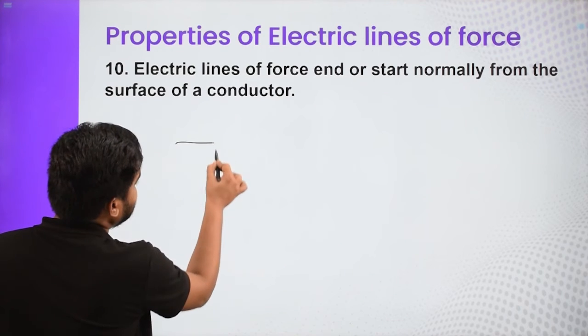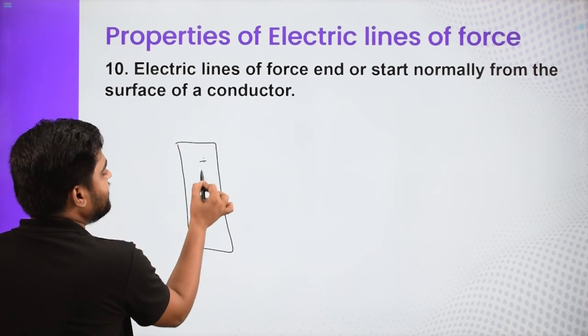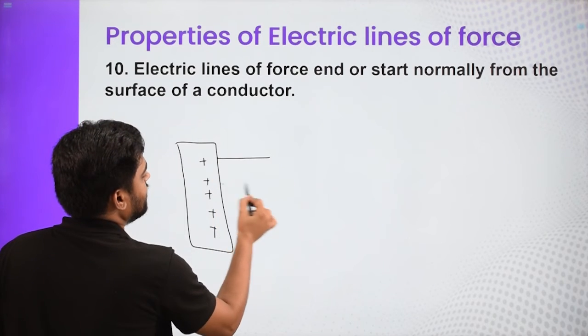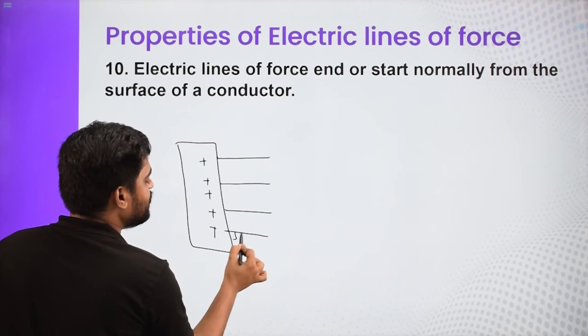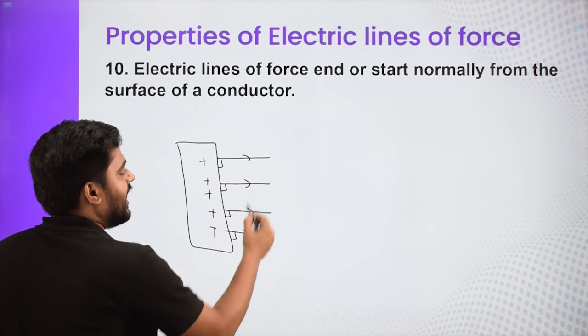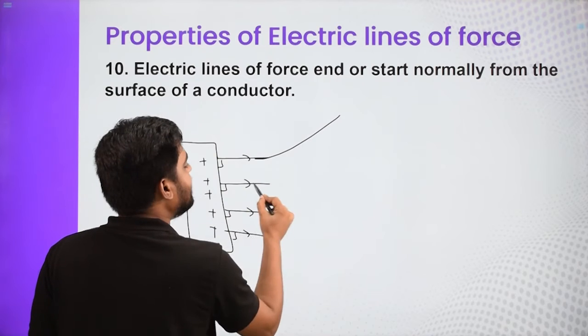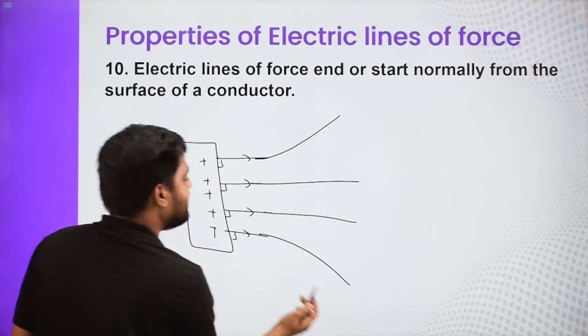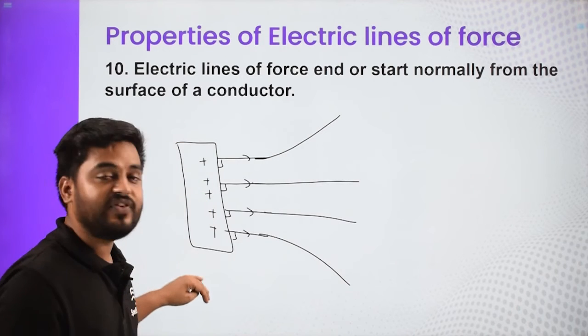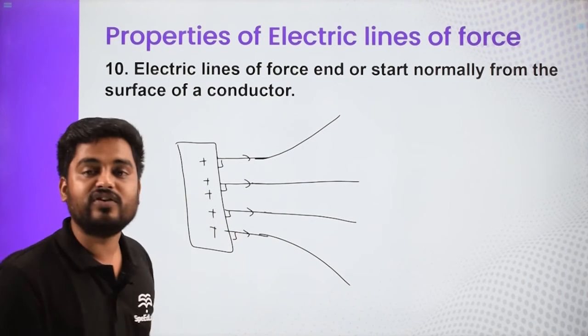Next, electric lines of force normally end or start at the surface of a conductor. If we have a conductor surface that is positively charged, then field lines go out, and they have to be perpendicular to the surface. After that they can go in any random direction, but when they start from the positively charged surface of a conductor, they start in a perpendicular manner.